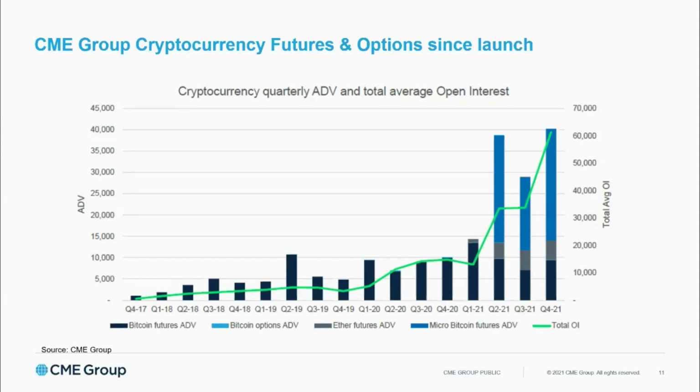And that's when we launched our micro Bitcoin contracts. What we believe is that those micro contracts that we launched back in May really opened up these markets to a whole new set of people, and they saw all the various cryptocurrency products that we offer. And our volumes, as you can see here, increased because of that.